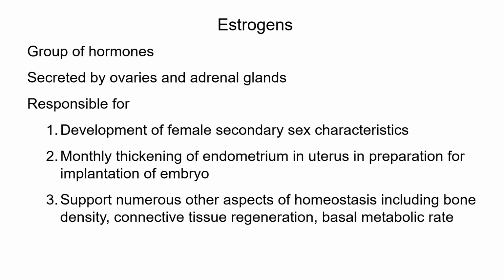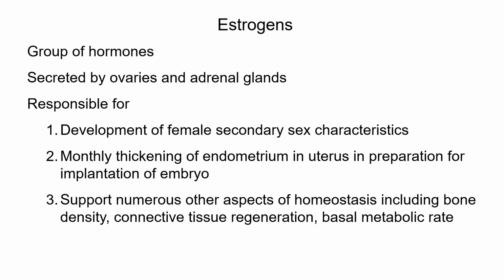In the genetic female body, post-puberty, the major source of circulating estrogens is the ovaries, and in the male body, the major source of circulating estrogens is the adrenal cortex. And estrogens are responsible for the development of female secondary sex characteristics, which I'll talk about next, but essentially it's the changes that occur in the female body with puberty.